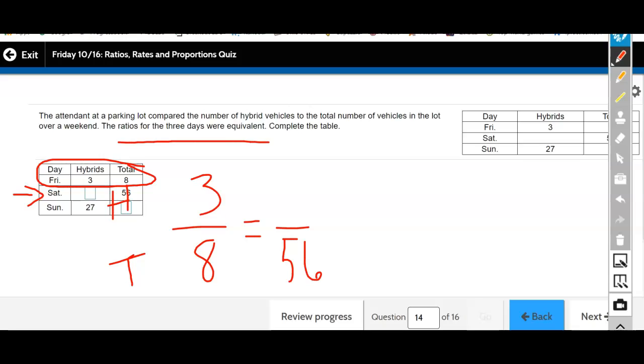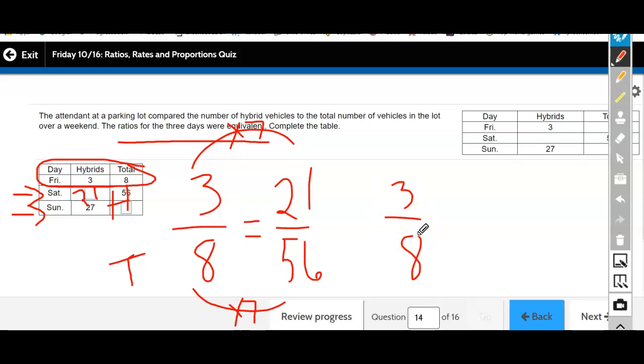Now, how do we solve an equivalent ratio, a proportion? You have to say 8 times what is 56, right? So you divide, and what is it? 7. So what do we do on top? Multiply by 7, and you get 21. So that means, how many hybrids are there? 21. Now, we have to figure out Sunday's. So we go back to the 3/8, and we're going to put a 27 in there.